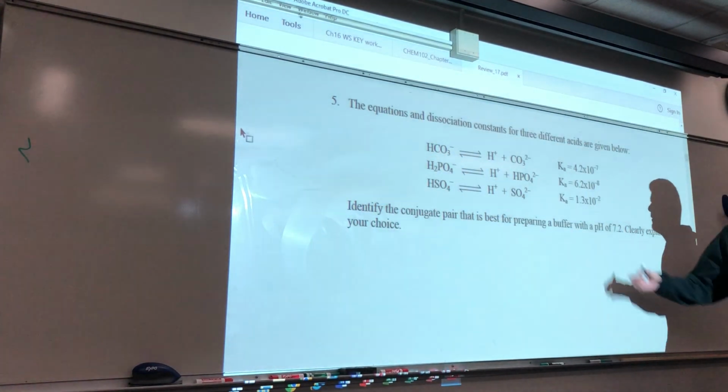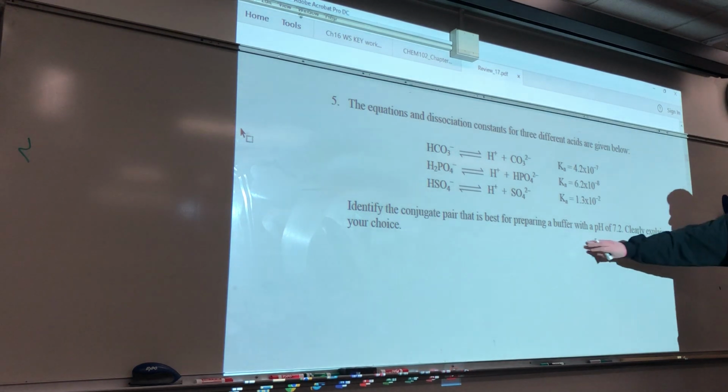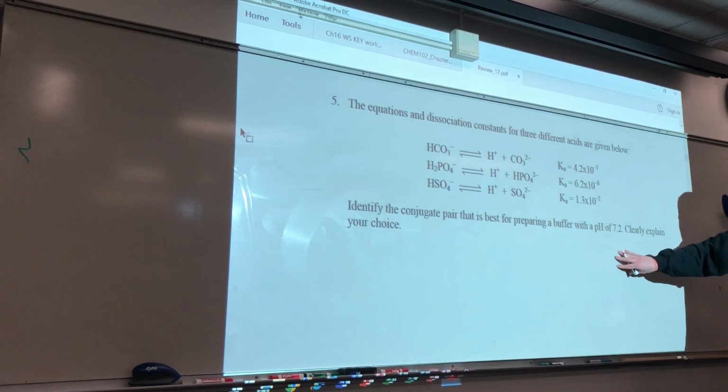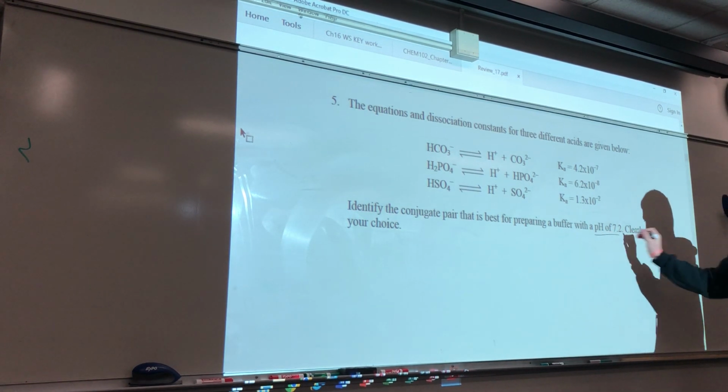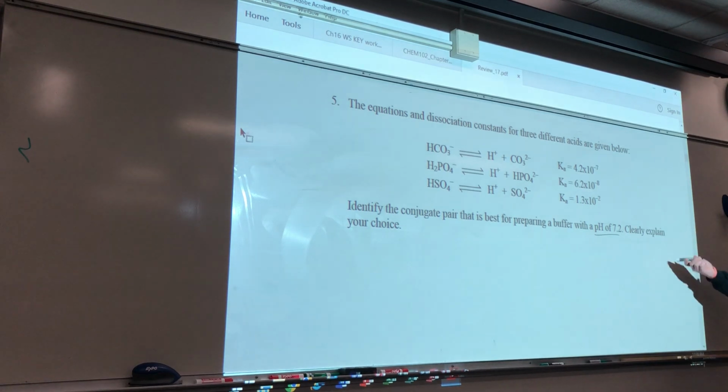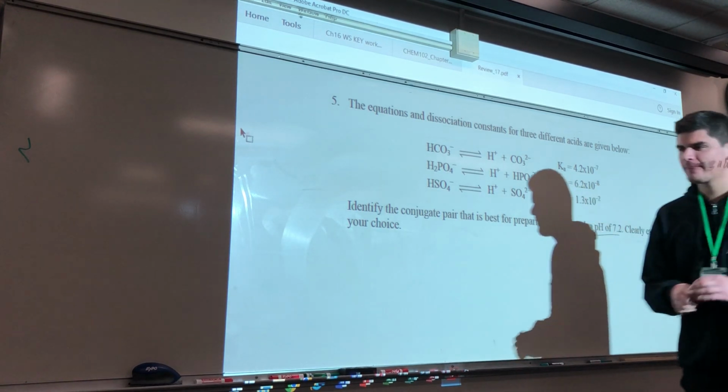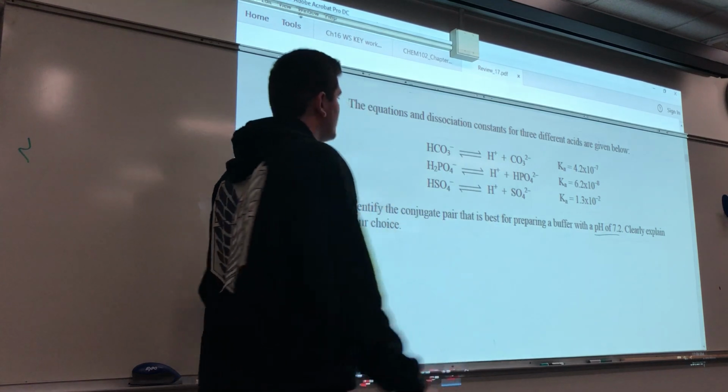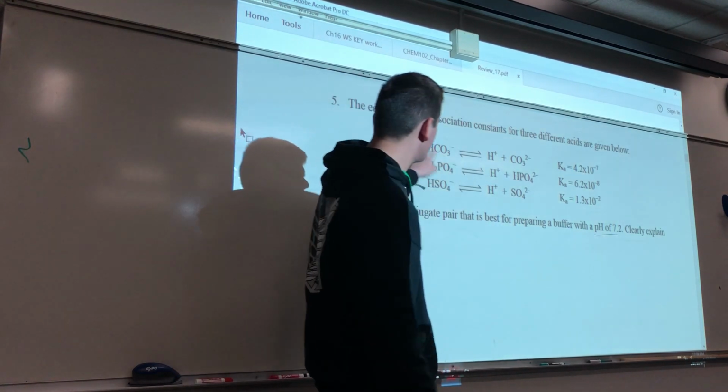So we're looking for the conjugate pair that would give us a buffer with pH of 7.2, right? Okay. So this is very important. And it says clearly explain your choice. So looking at these 3, these are all conjugate acid-base pairs, right?